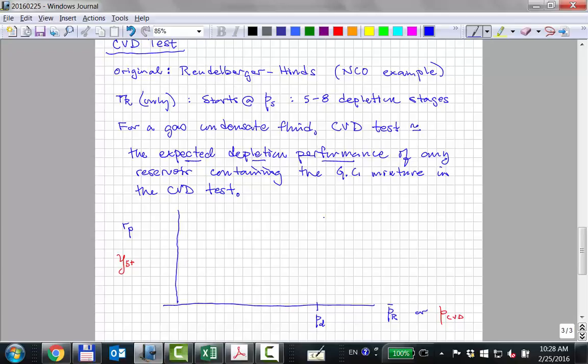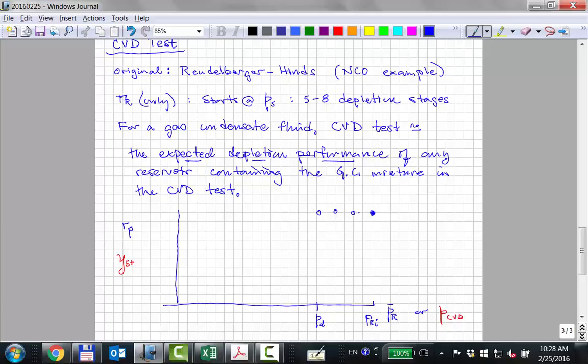Then what this is going to look like is that it's going to be basically constant here, let's say up to the initial reservoir pressure. So we're starting here at the initial reservoir pressure.